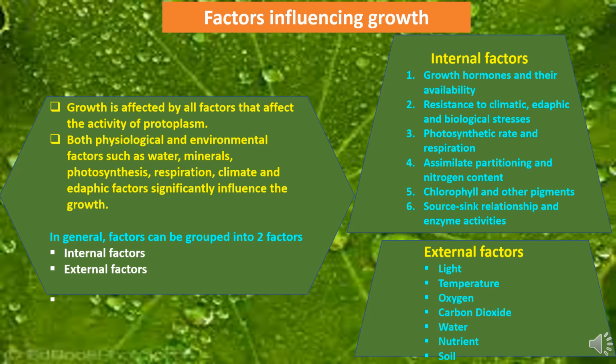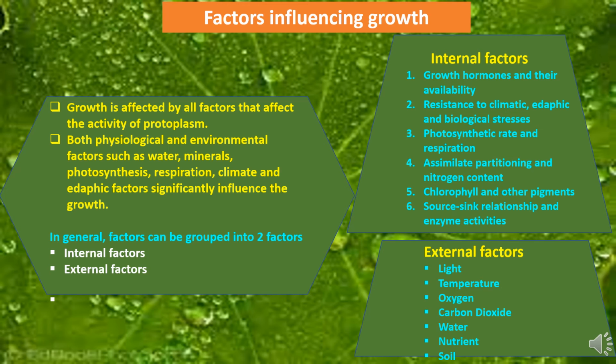Fourth is assimilate partitioning and nitrogen content. Fifth is chlorophyll content and other pigments related to the metabolic activities, photosynthetic activity in the plant. Sixth is source-sink relationship and enzyme activities. So these are the internal constituents in the plant which are reflecting the growth.